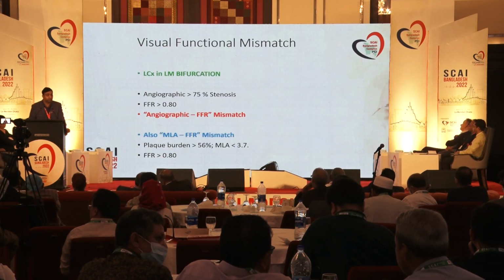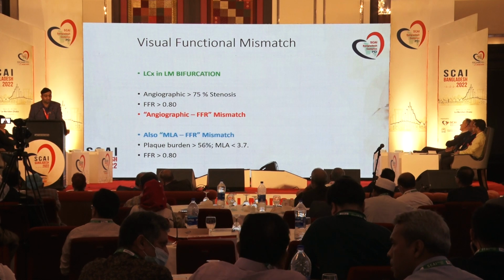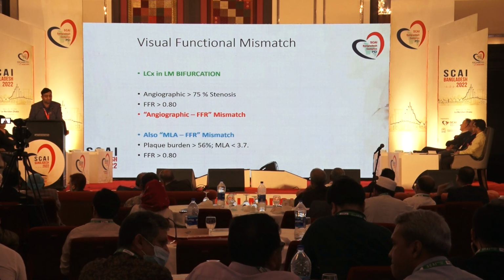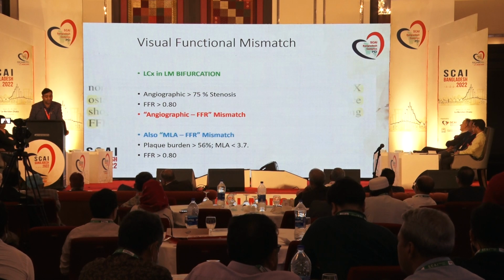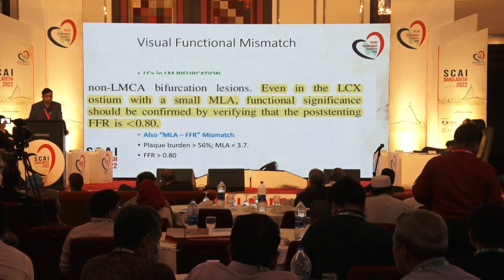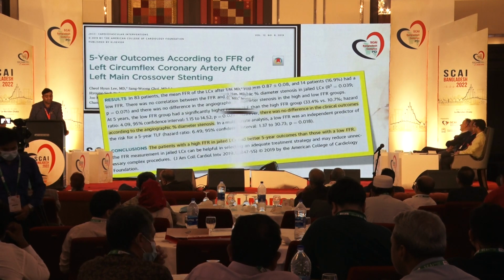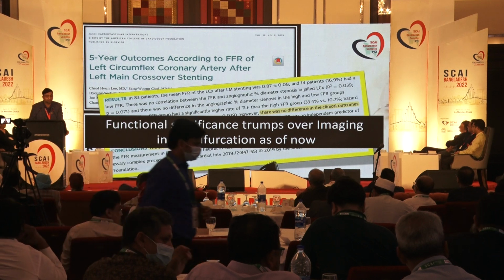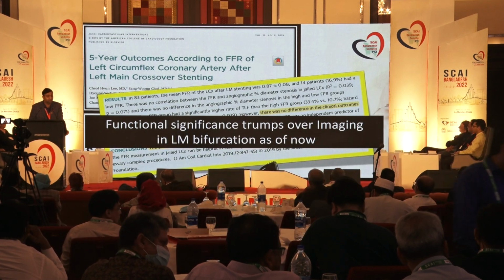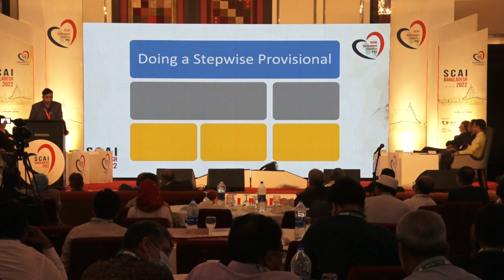So this is a beautiful case of visual functional mismatch, not just on the basis of angiographic stenosis but also MLA FFR mismatch. And it is under these situations that we understand that in left main bifurcation, functional significance comes over imaging in such a context.